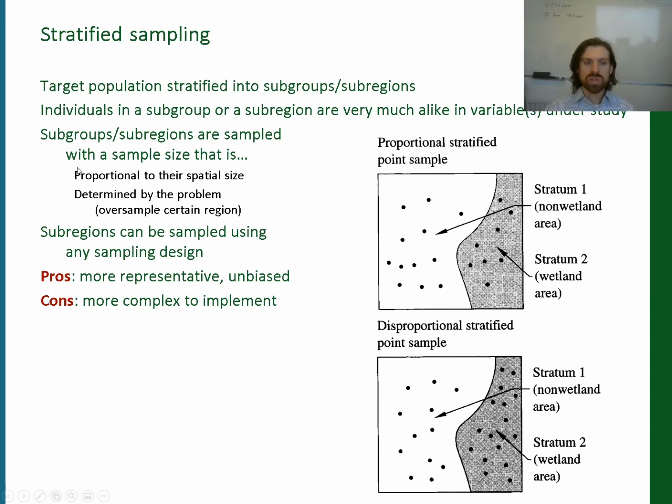Okay, so you might want to consider also the spatial size of different subgroups or subregions, and you can essentially target these areas based on any sampling design. Generally, I think that this is a much more representative approach if it's been designed well, and generally it's unbiased, but it is more complex to implement.